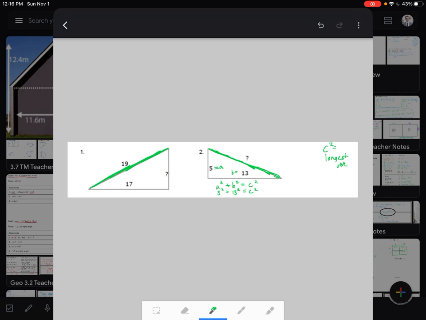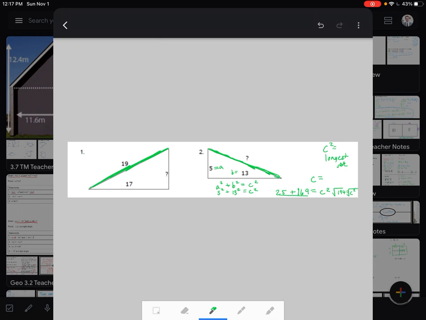So 5 squared plus 13 squared equals c squared. So calculating that, we want to go one step at a time. So we'll have 25 plus, I believe that is 169, equals c squared. If we put both of these together, we'll get an answer of 194 equals c squared. And that's not our answer, that's c squared. We have to take the root of both of those to get to c.